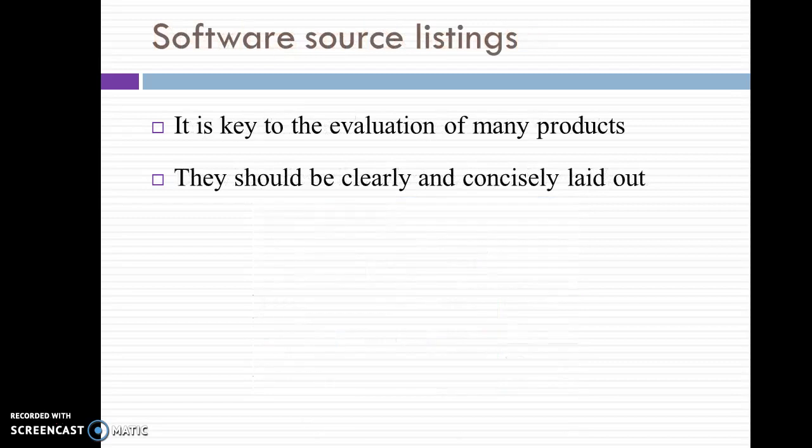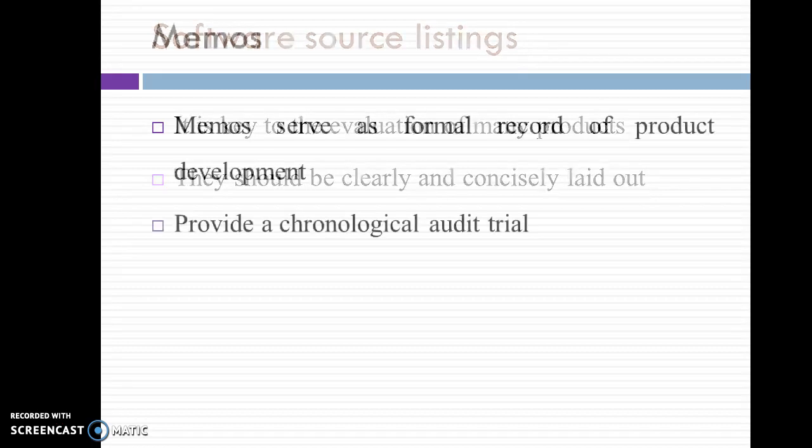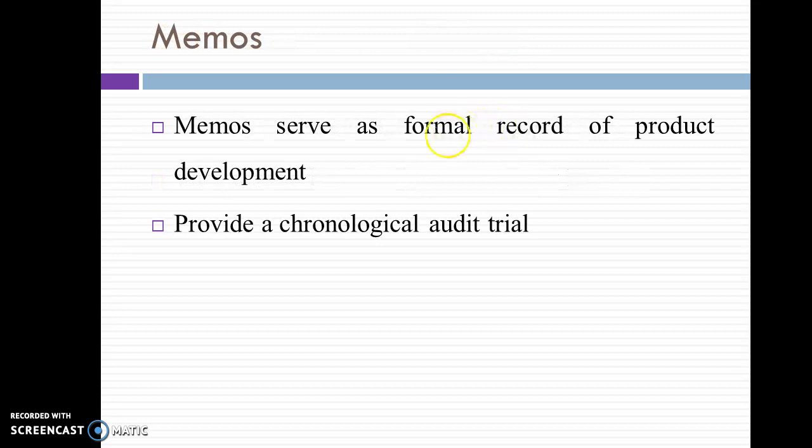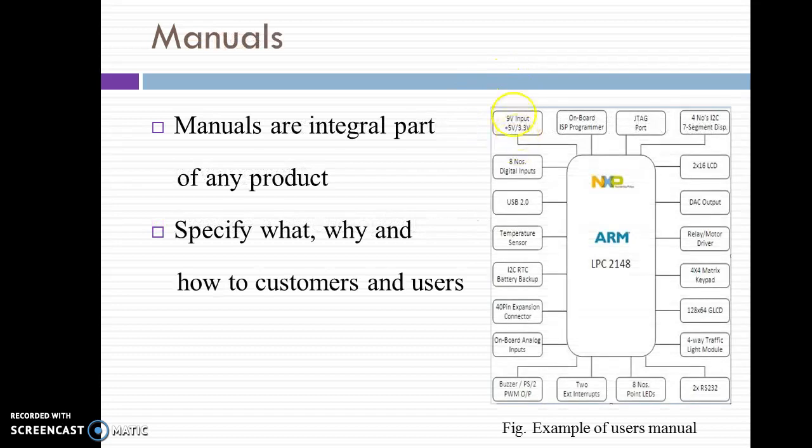Software source listings are the key to evaluating many products. They should be clearly and concisely laid down. Memos serve as a formal record of product development and provide a chronological audit trail. Manuals are an integral part of any product and specify what, why and how customers and users are going to use it.